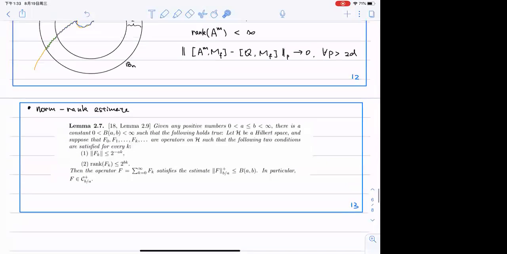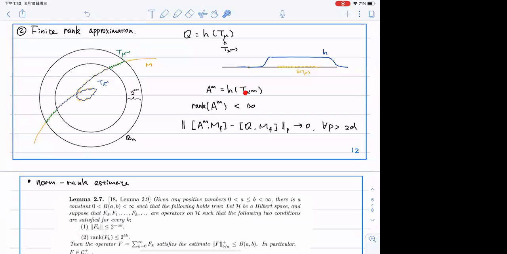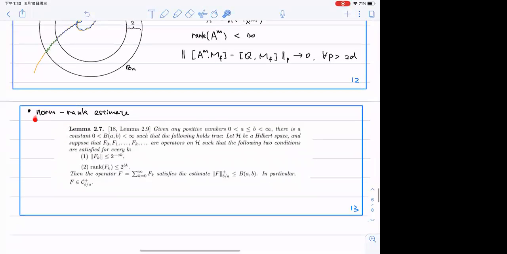This is how we prove that T lambda mu has the right approximation. It's called the norm rank estimate, and it depends on this theorem.